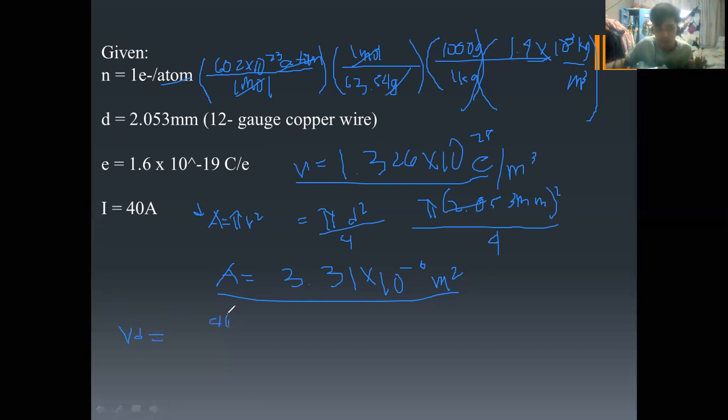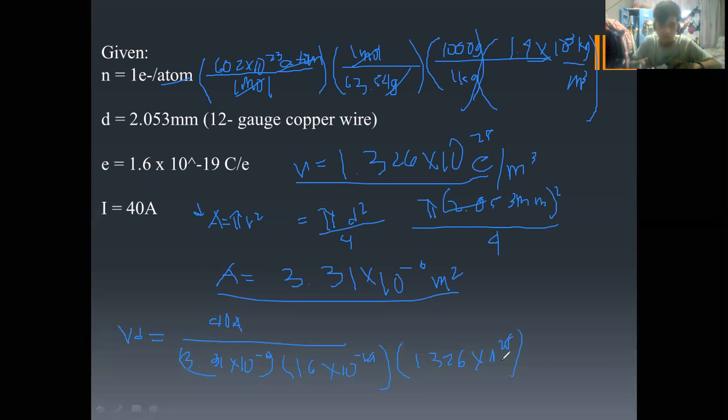Current is 40 amperes, divided by yung area natin which is 3.31 times 10 raised to negative 6, multiply by 1.6 times 10 raised to negative 19, times itong n natin which is 1.326 times 10 raised to 28.